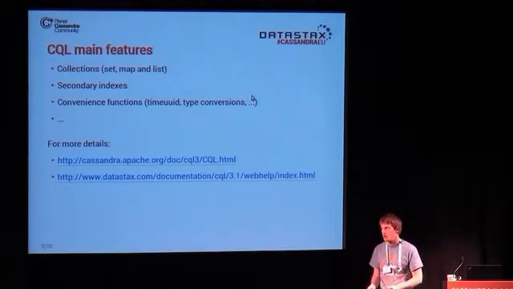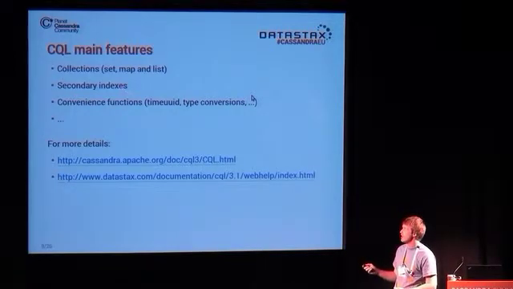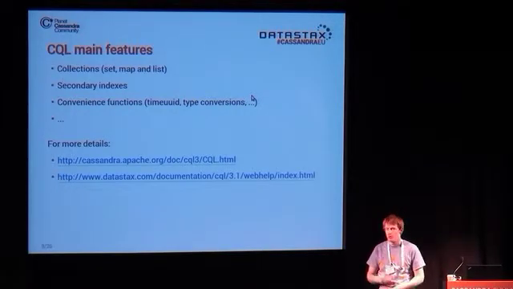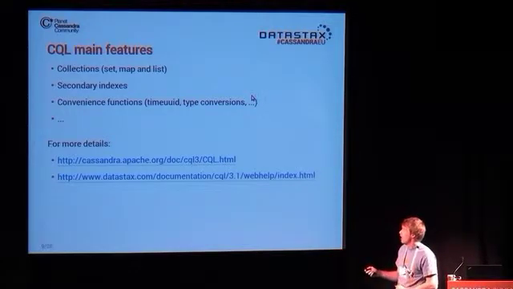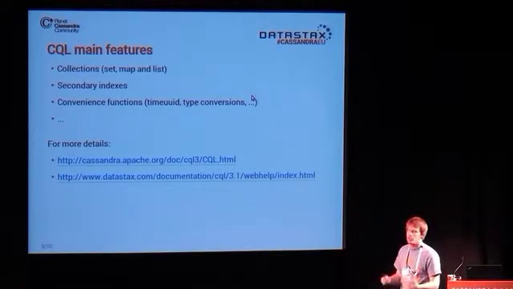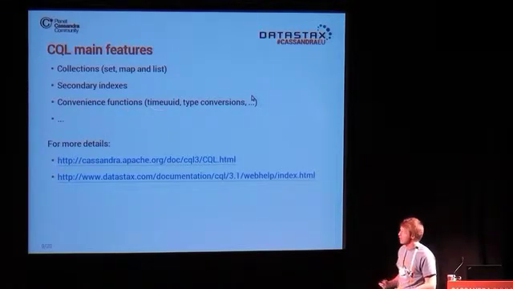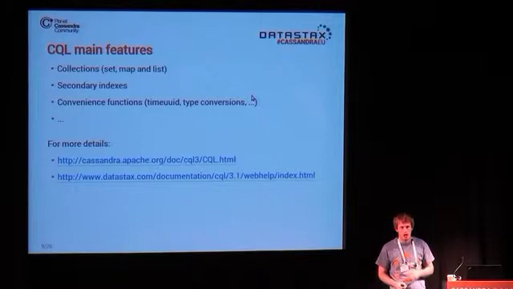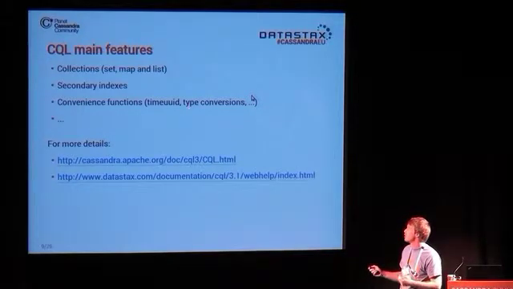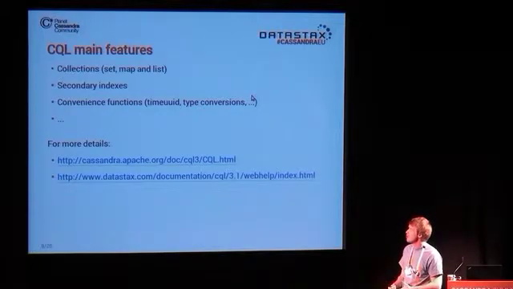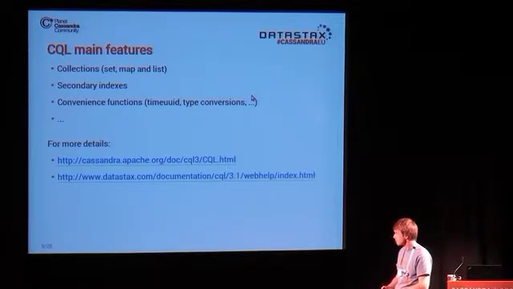So it's very common, instead of using a secondary index, to create an inbox like I've done, for example. And we have a number of convenience functions: a few things to work with time UIDs, such as extracting the date, and type conversion. A lot of things that we couldn't do with Thrift, but we can do with CQL, so we give them as convenience.